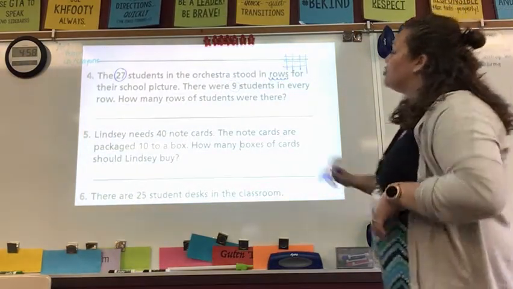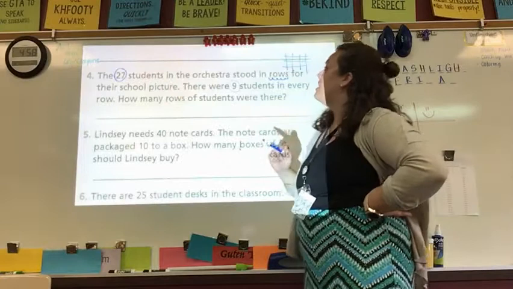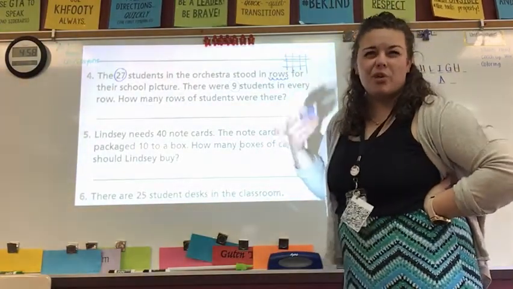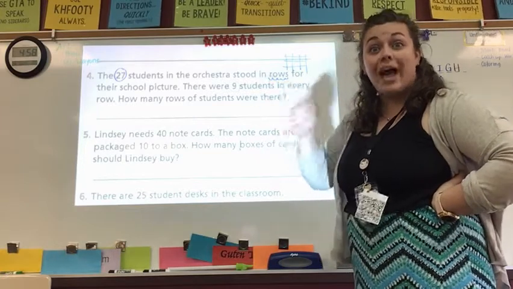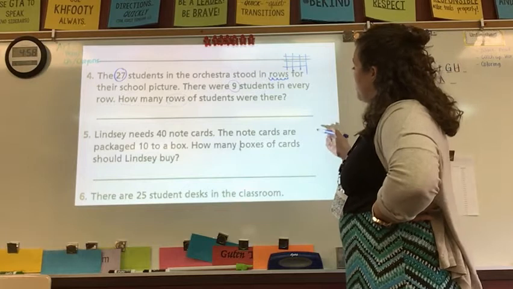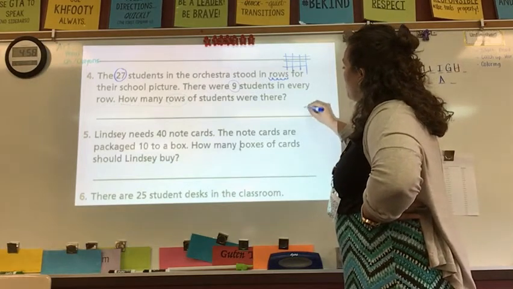If there are 27 total students, and there's 9 students in every row, let's go ahead and start with our rows so that we know how our 27 are going to be organized. So, if there's 9 in every row, let's go ahead and start by drawing one row.